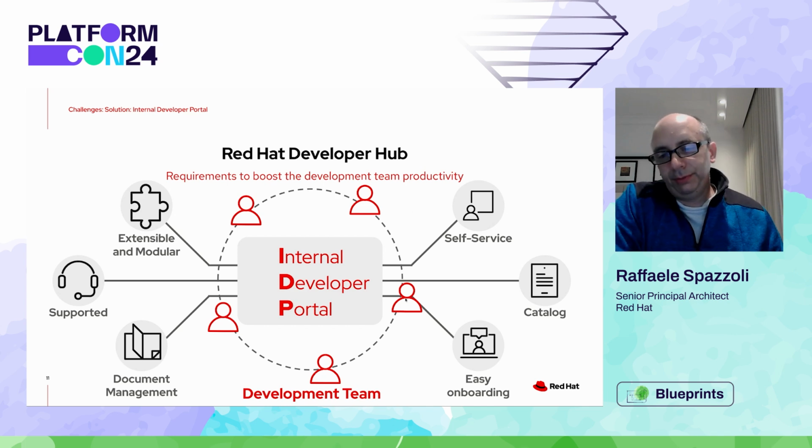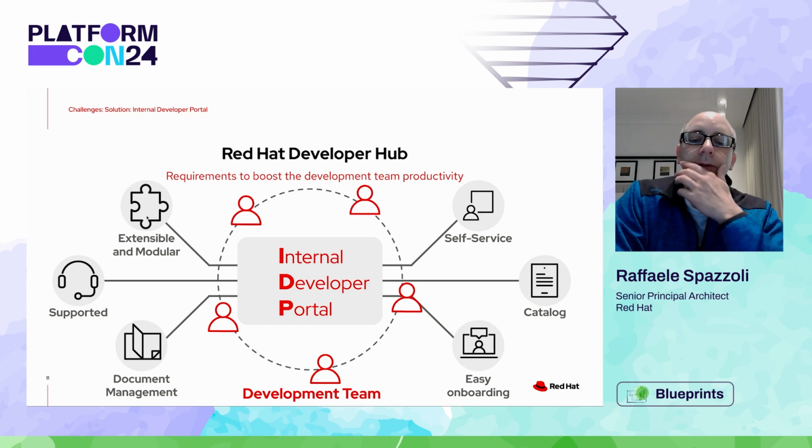So here it's explained as extensive and modular, but there is a very long list of plugins for developer tools that can be supported in Developer Hub, and some information from the tool is displayed in a single pane of glass, which makes it easy for the developer to browse the software that they have. Fundamentally, Developer Hub is an application catalog, so you see all the applications that are under management inside the portal, and you can get more information about what's happening to the application via all of these plugins.